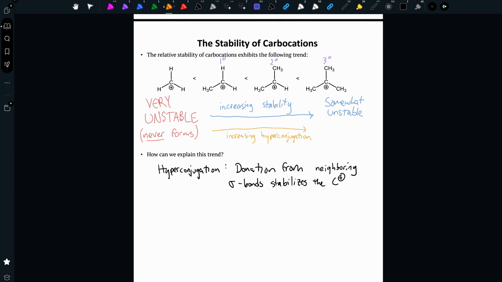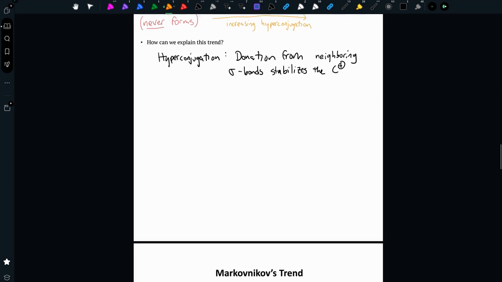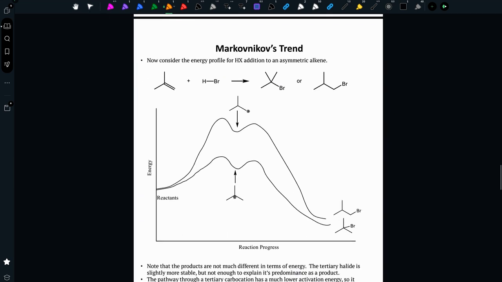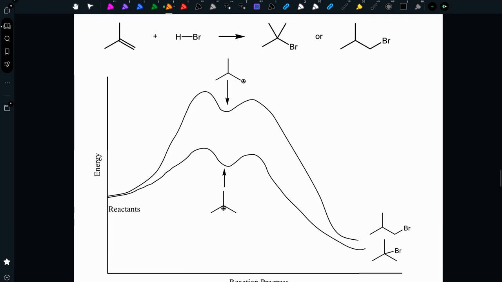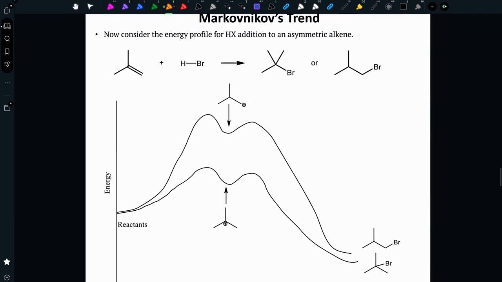So if I consider the energy profile for my two potential pathways here, I have one pathway that's going through a primary carbocation, and I have one pathway that's going through a tertiary carbocation. Now, both of these are going to be unstable. They're both high energy intermediates, but the primary carbocation is much higher in energy.